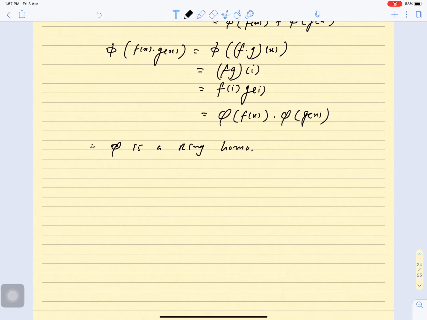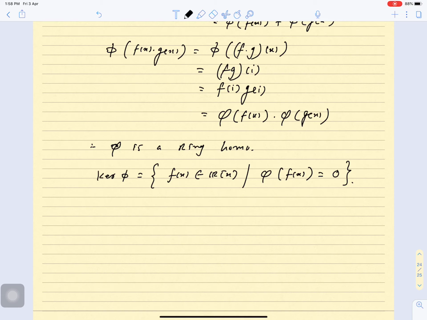Now you look at the kernel of phi. The kernel of phi will be those polynomials in R[x] such that phi of f(x) is the zero element of C, and the zero element of C is the usual 0.